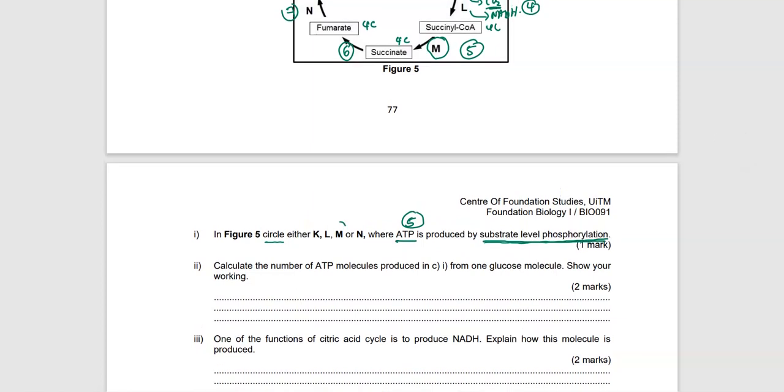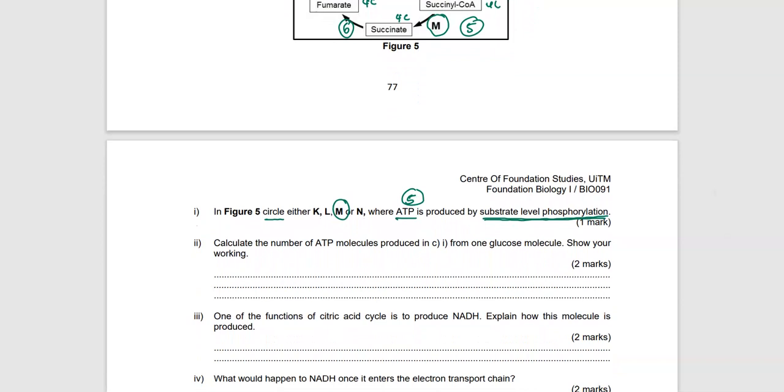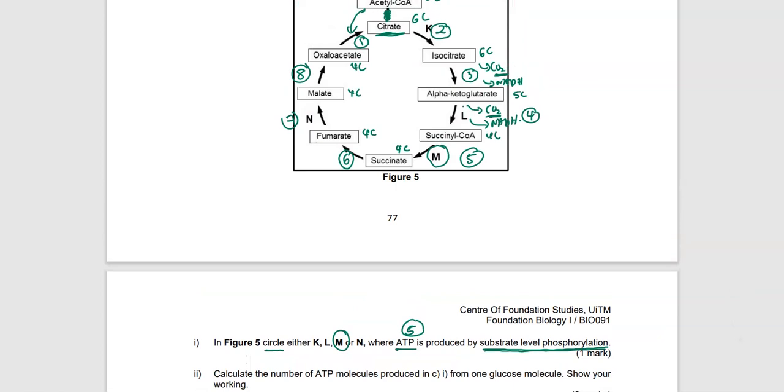Production of ATP basically occurs at M. So let's calculate the number of ATP. Just before that, take note of the production of another NADH molecule, which will occur, if I'm not mistaken, at step 8.